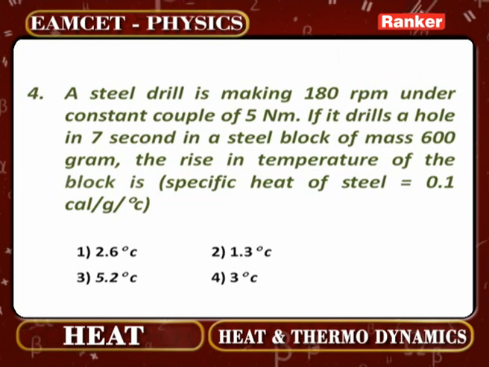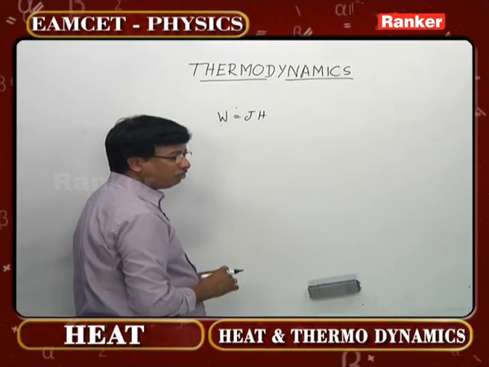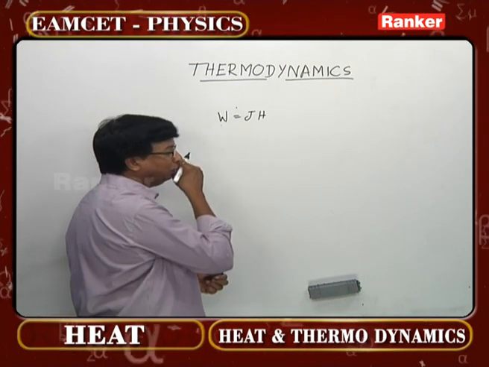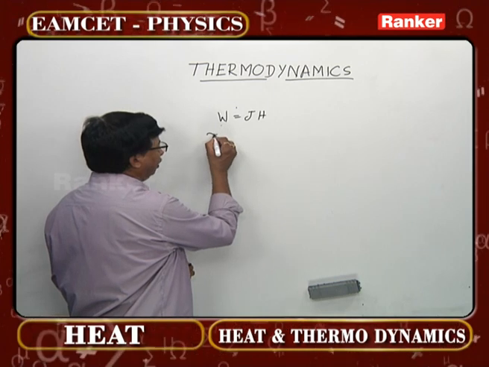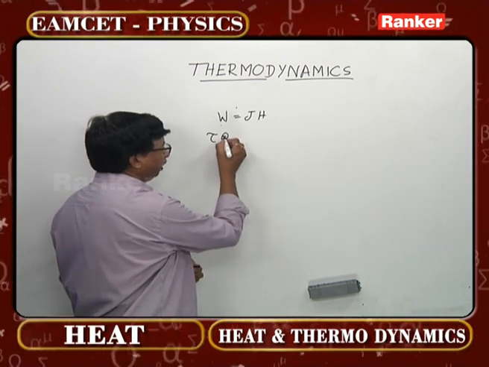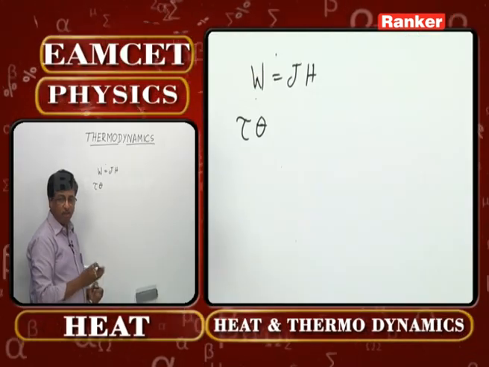So once again, the formula remains the same. W is equal to JH only. But one should understand what value of work done we have to take. We should take this as torque into theta. In fact, work is equal to force into linear displacement in linear dynamics.